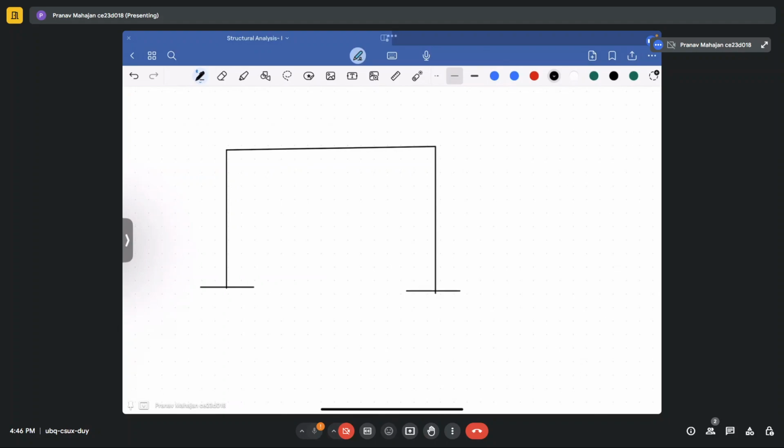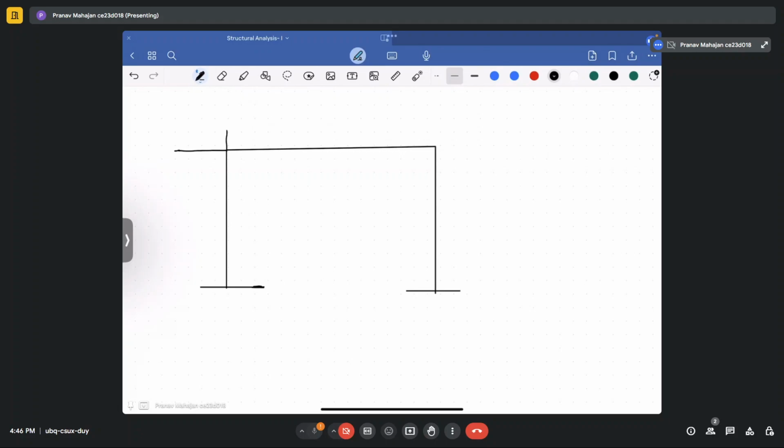So this is our frame. Now first one is positive, so 25 is in positive direction like this, and here it is 50, so it would be like this.